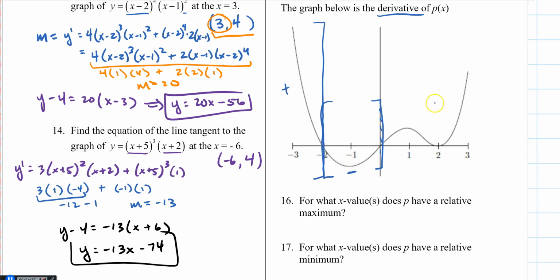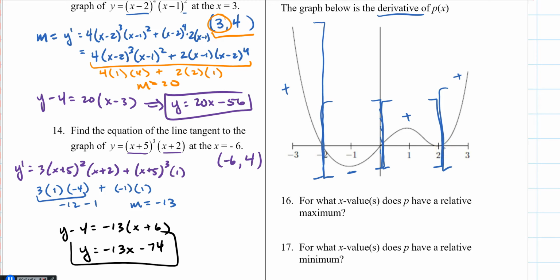And then from 0 to 2, we're back to positive slopes. And then again from 2 to anything beyond 2, we're positive again. It just happens that at 2 itself, we're not positive or negative or 0.